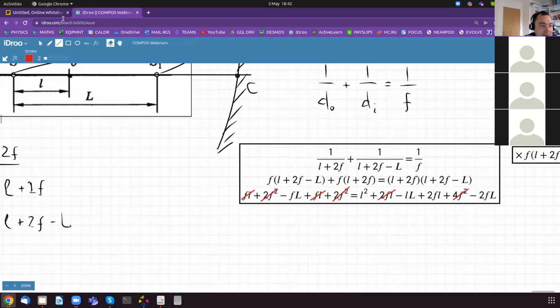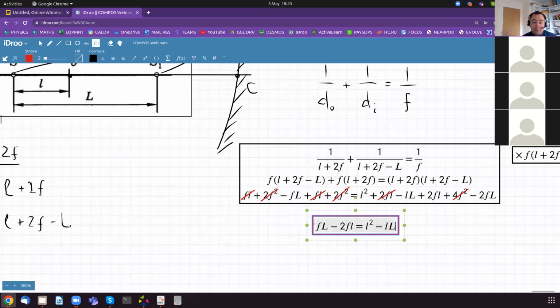Yeah, that's pretty much it. That's all that cancels. But we can see that we can do 2FL, we take to the left, so FL minus 2FL, FL small, equals L squared minus LL.